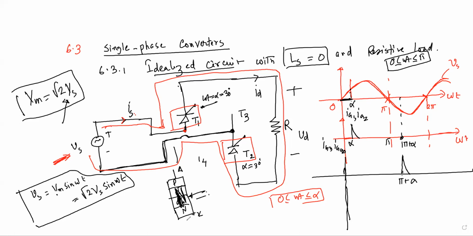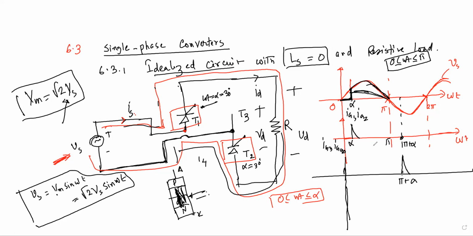So it will just work as an ideal diode. Then it is short circuited, and the current will flow this way, and then your VD will be equal to your VS. And since this is a resistive load, your current will have the same wave shape as your voltage, and it will be zero.